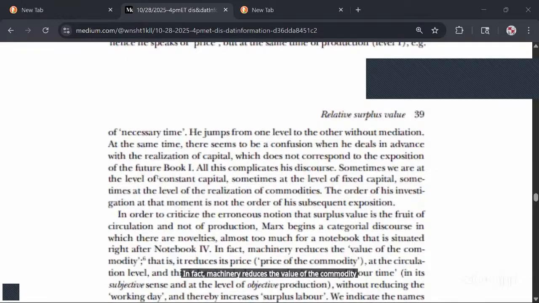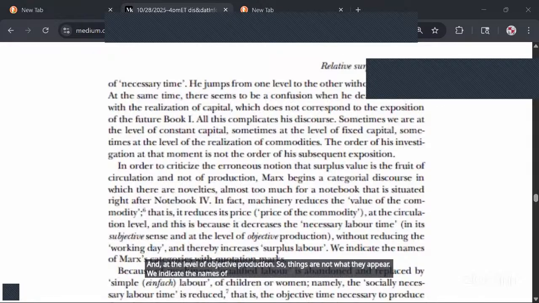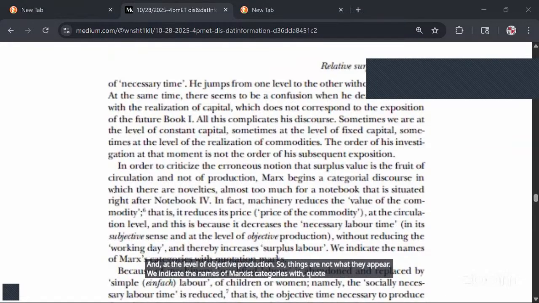That is, it reduces its price, the price of the commodity, at the circulation level, and this is because it decreases the necessary labor time in its subjective sense and at the level of objective production. So things are not what they appear. We indicate the names of Marx's categories with quotation marks.